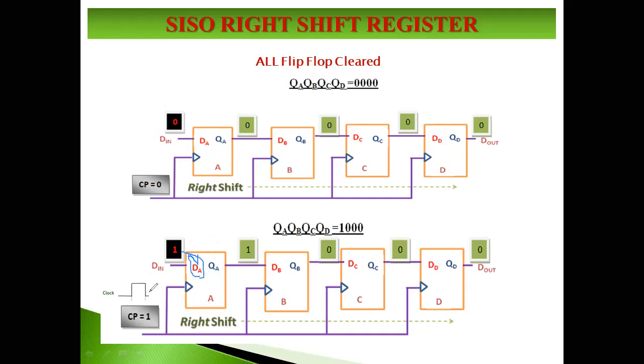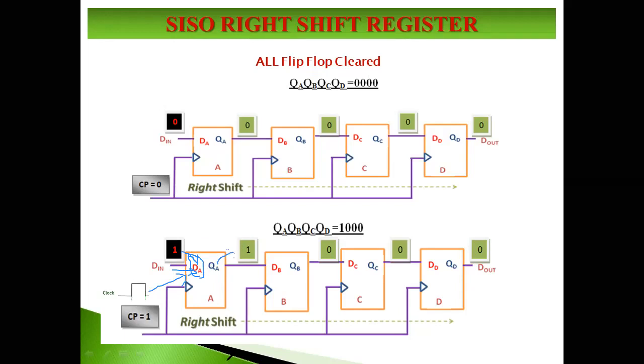Then once the clock is given, this data input will be accepted by the flip-flop and this data will move inside. It is going to give some delay, and after that delay the output will be marked as 1.